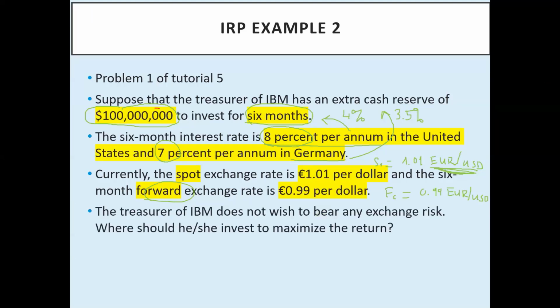Now, we also don't want to bear any exchange rate risk. That means we have to involve the forward contract to eliminate any future exchange rate movements. So the question here is which country do I invest in? Where should I invest to maximize my returns?